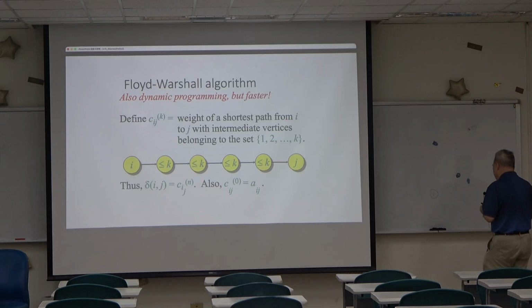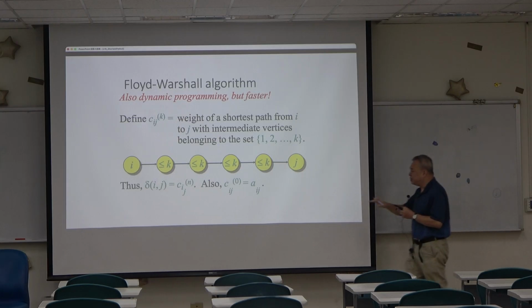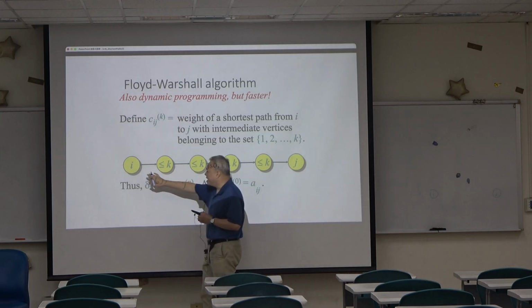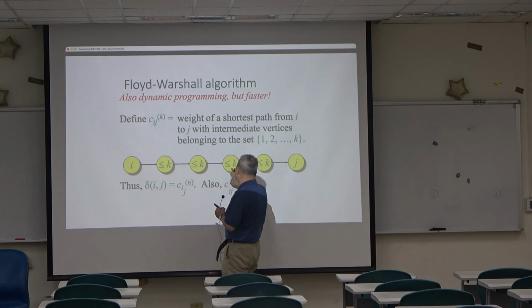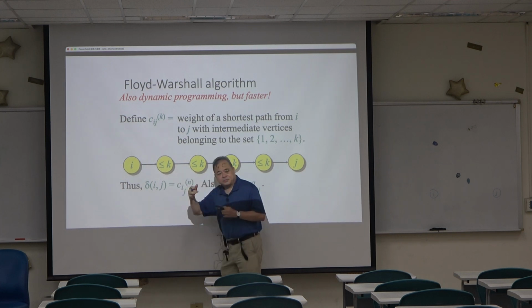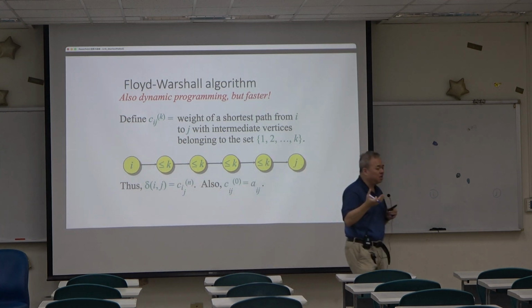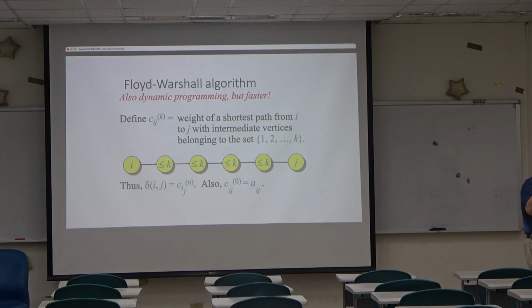So we have this figure from I to J with all these intermediate nodes, and the constraint is that each intermediate node's number has to be smaller or equal to k.